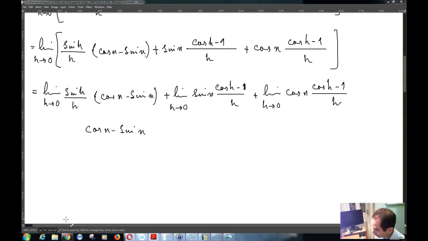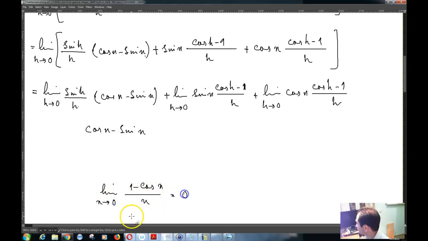Okay, so in some video that we did a pretty long time ago, and I had forgotten that, we said that the limit of 1 minus cos x over x when x tends to 0 is equal to 0.